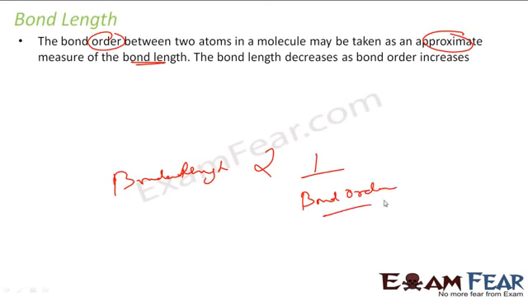So I know the bond order: the higher the bond order, the lower the bond length. And that is something which we have seen in the earlier theories also. For a double bond, the bond length was less. For a triple bond, the bond length was all the more less. Right? So same thing here. So with the bond order, we can have a fair idea of the bond length also. So bond order is something which we can easily find using molecular orbital theory.